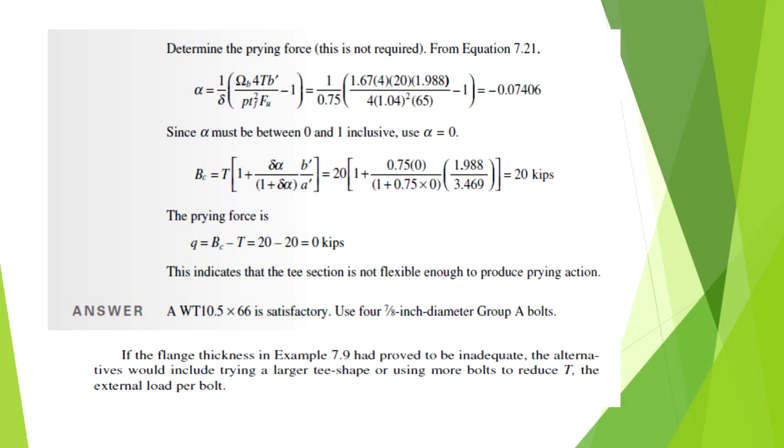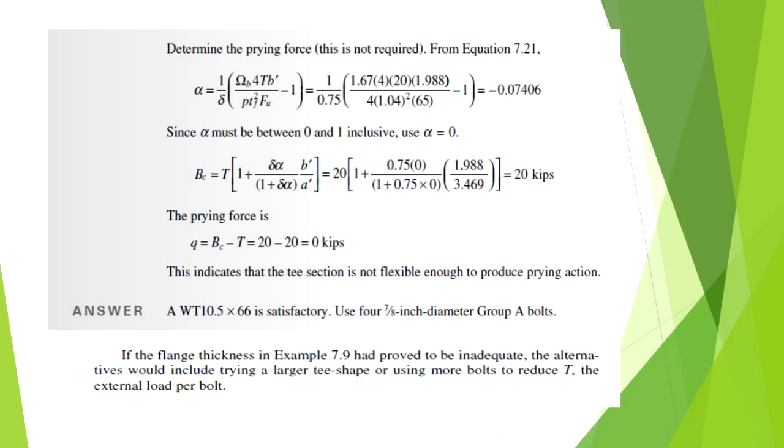B_c is equal to T times 1 plus delta times alpha over 1 plus delta times alpha times b prime over a prime, or 20 kips. The prying force is Q = B_c minus T = 20 minus 20 = 0 kips. This indicates that the T-section is not flexible enough to produce prying action. A WT 10.5×66 is satisfactory. Use four 7/8-inch diameter Group A bolts.